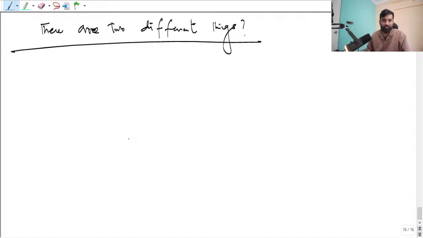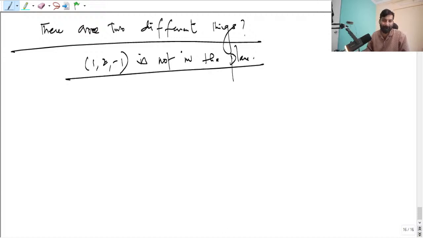Let me take a coordinate. You can say 1, 2, -1, right? It's not in the plane, you can say, right? 1, 2, -1 is not in the plane. This point is not in the plane.